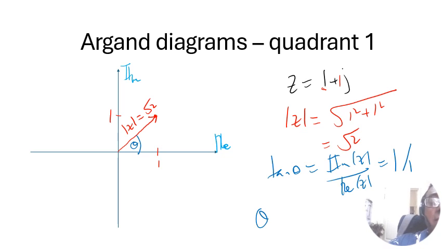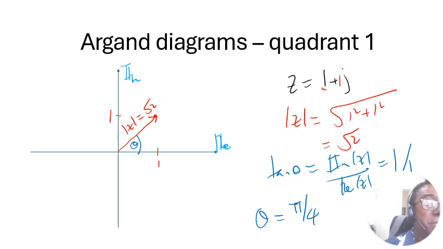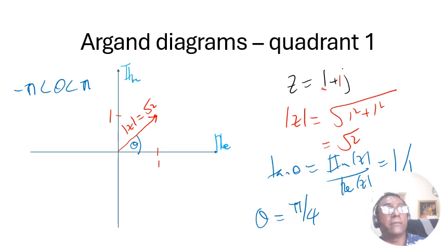And so it's going to be telling me that theta is now pi by 4, or what we would call 45 degrees. Now also keep in mind, and I think I stressed this in class, that for this we want theta to lie between pi and minus pi. Okay, theta lies between pi and minus pi, or minus 180 to 180.